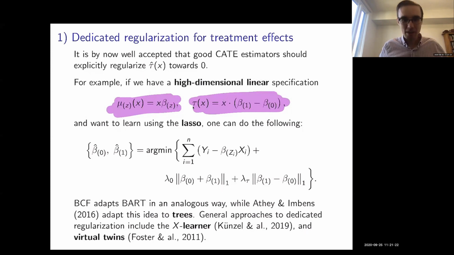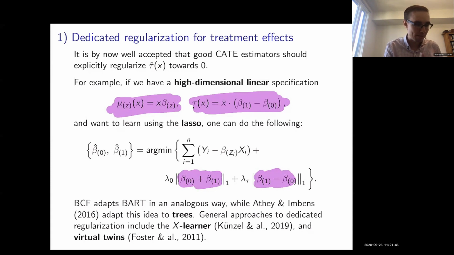A very simple fix is, instead of regularizing beta 0 and beta 1 towards 0 on their own, to regularize the sum or the average of the two towards 0. That's like a main effect, and then separately regularize the difference, and that's good. Of course, what BCF does is design a prior that accomplishes the same thing in a Bayesian setting.